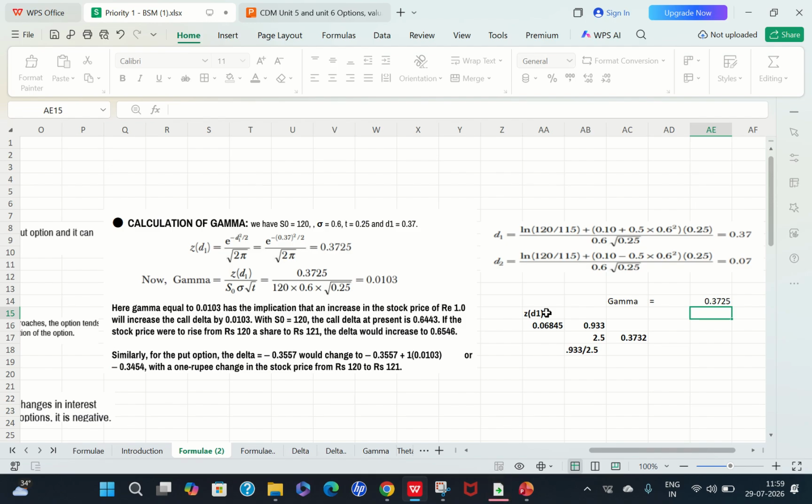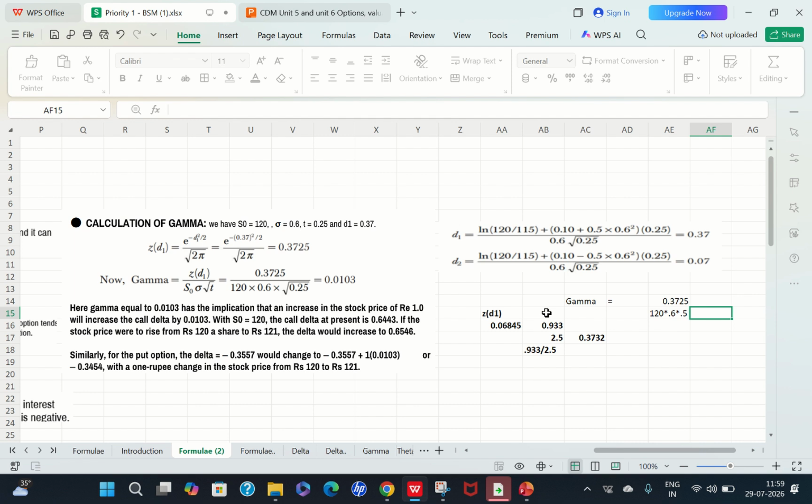Your current stock price, 120, into, what is your standard deviation? 0.6, into, what is your root t? How did you get 0.25? 3 by 12. Out of 12 months, the expiration date is only 3 months. So 3 by 12 is 0.25. So 0.25, if you do square root, you get 0.5. So that's where we are landing up in a figure of 120 into 0.6 into 0.5.